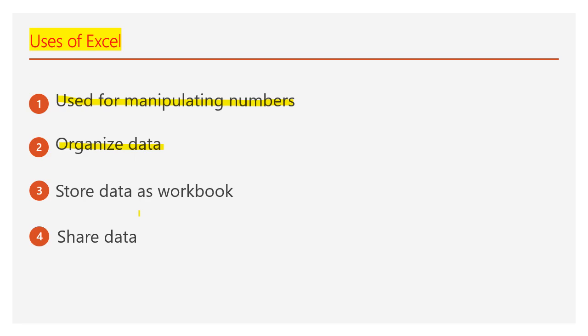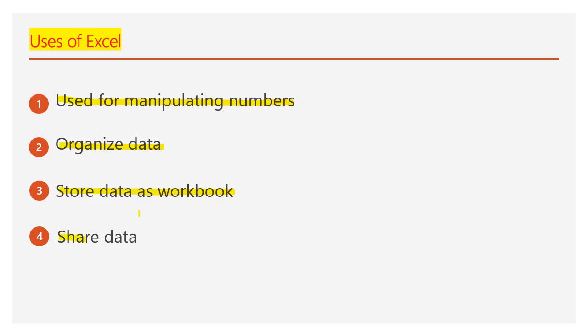We can sort the data, apply conditions on the data, and filter the data. That is called organization of data. Then we can store our data as a workbook. In a workbook, there are many worksheets, and in a single worksheet, there are many rows and columns. So we can store a large amount of data in Microsoft Office Excel.